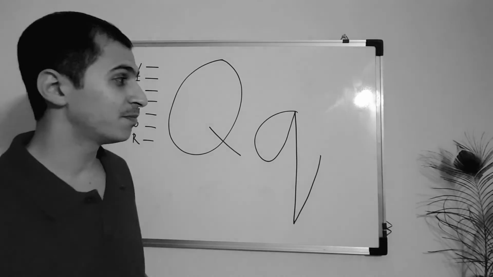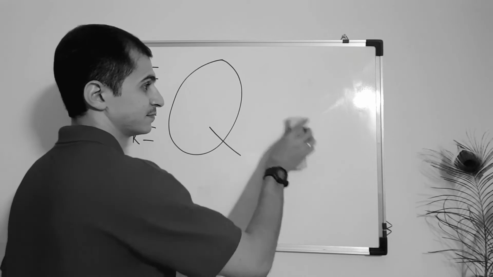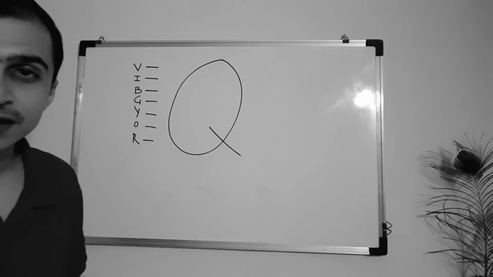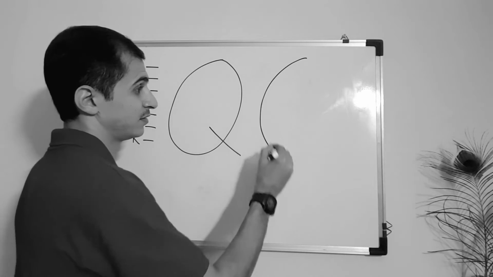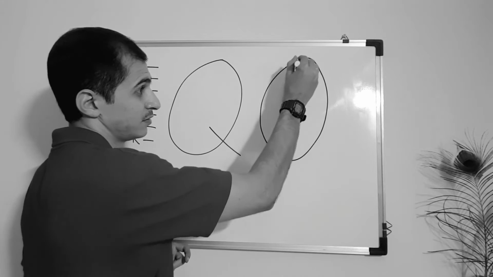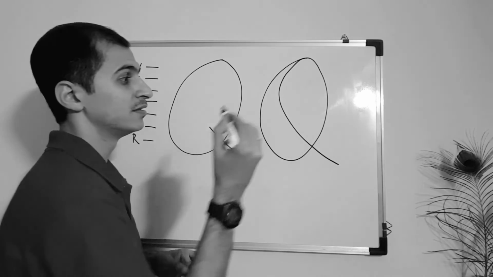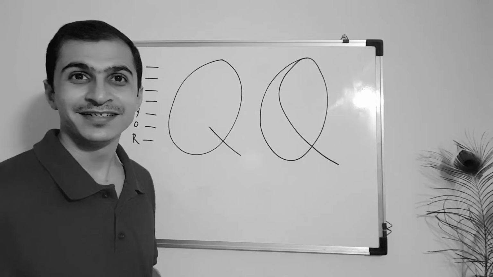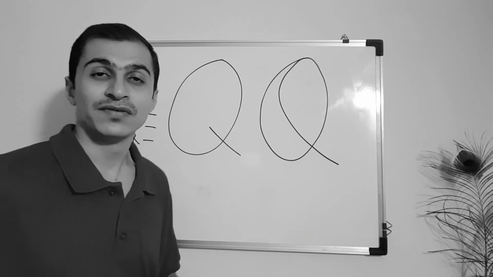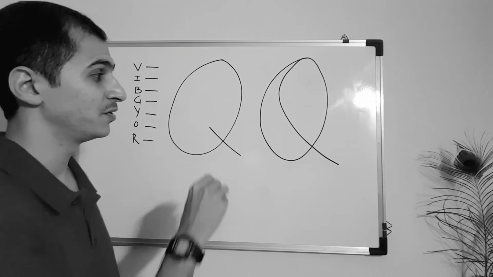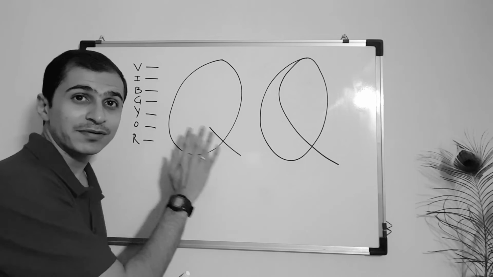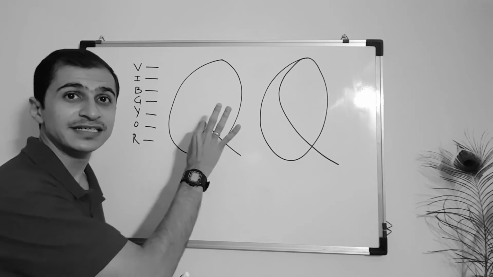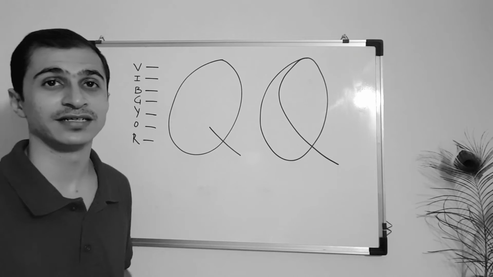Now what happens if a person writes a letter Q like this? What's happening over here is that the person has left the pen, kept the O structure clean and just asked a simple question.